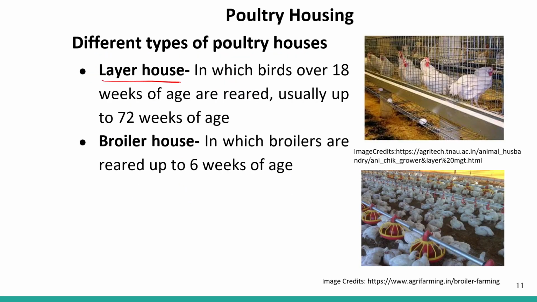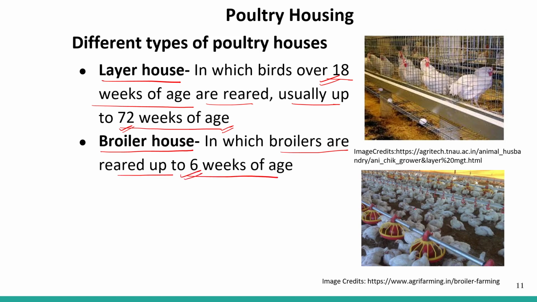Layer house, in which birds over 18 weeks of age are reared, usually up to 72 weeks of age. So in the layer house the birds lay eggs, and birds above 18 weeks of age are reared, up to 72 weeks. Broiler house, in which the broilers are reared up to 6 weeks of age.